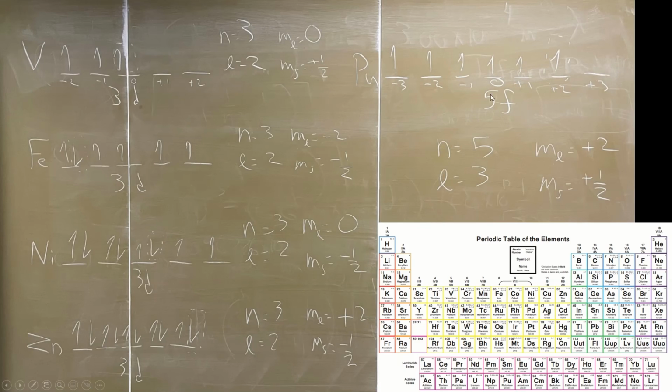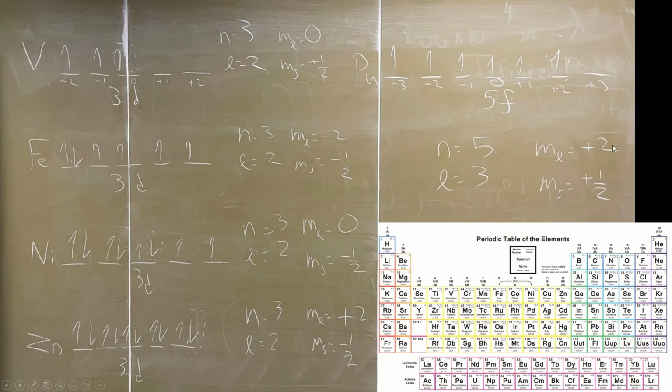N would equal 5. L equals 3 if you have an F electron. That's basically the way of saying L in the letter version or L in the numerical version. M sub L, well, going from left to right, negative 3, negative 2, negative 1, 0, positive 1, positive 2.